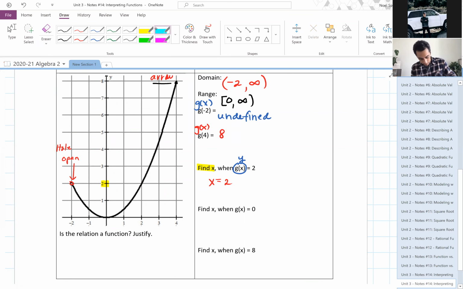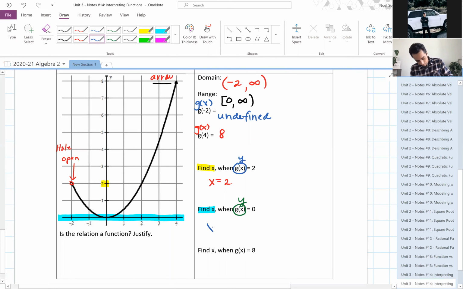Okay, let's talk next question. Find x when g of x is 0. So when g of x is 0, that just means when y is 0. So here we're talking down here. So I would draw this. What would be the x value then? Yeah, when x is 0, y is 0. You have your point here at the origin.